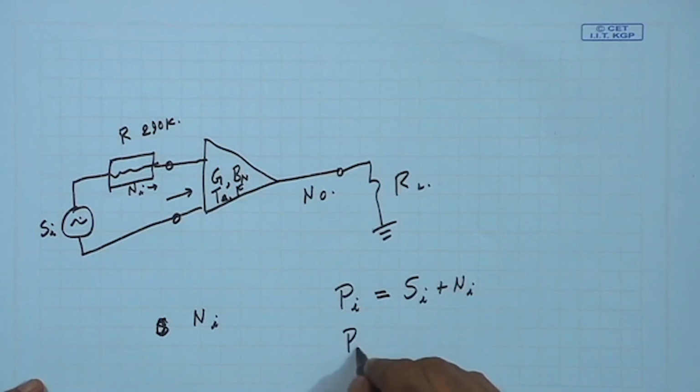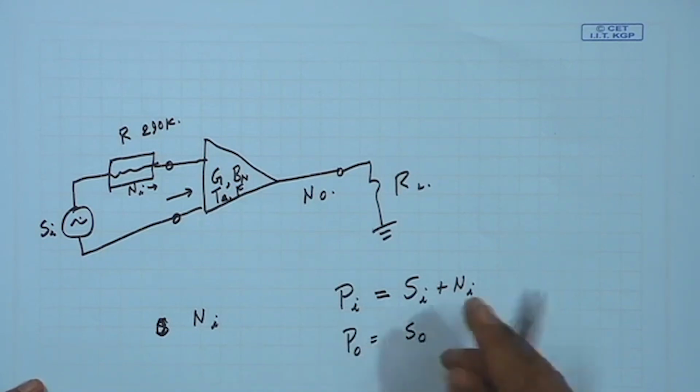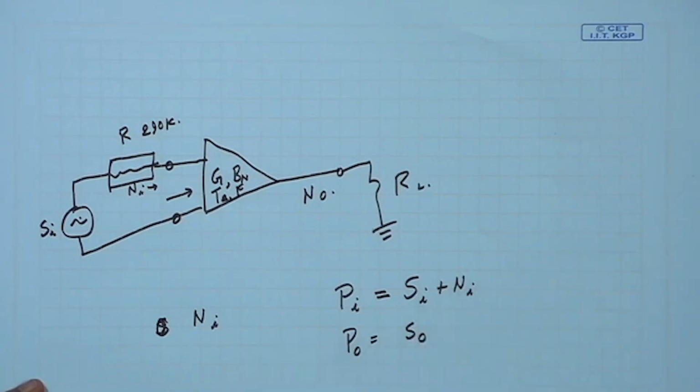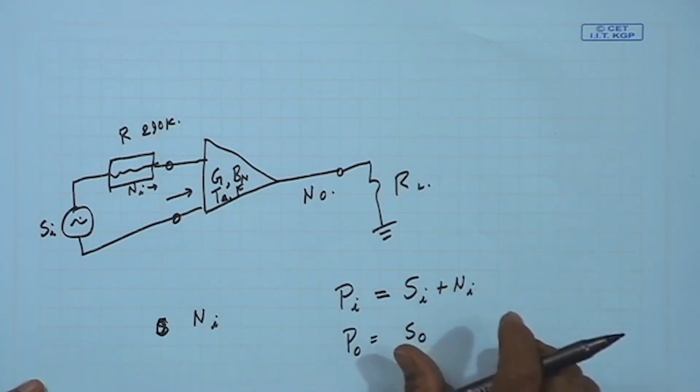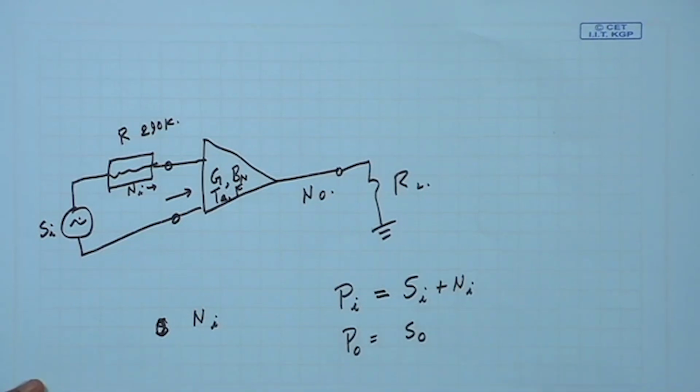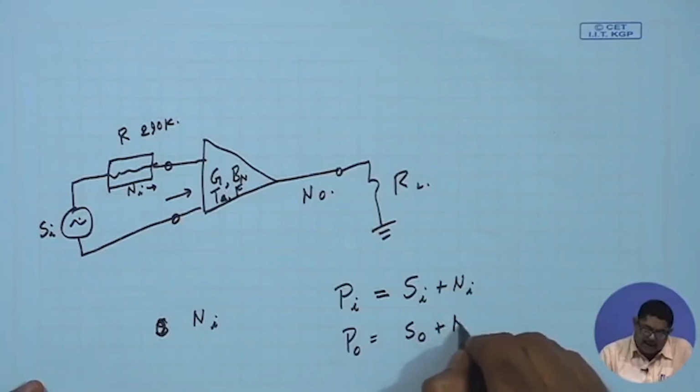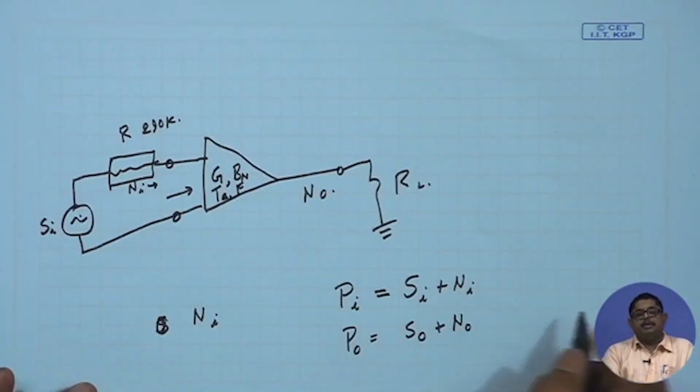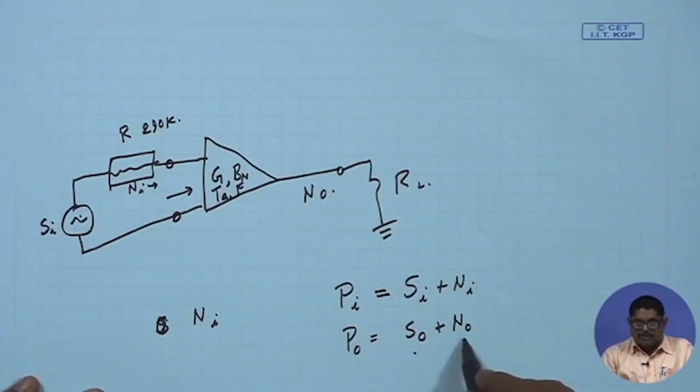Similarly, at the output I will get Po, which is So, the signal power, plus No, the noise power. Actually they are always added, so we cannot separately recognize them, but in mathematics we say So is the signal power level and No is the noise power level. This is a deterministic signal, this is a random signal.